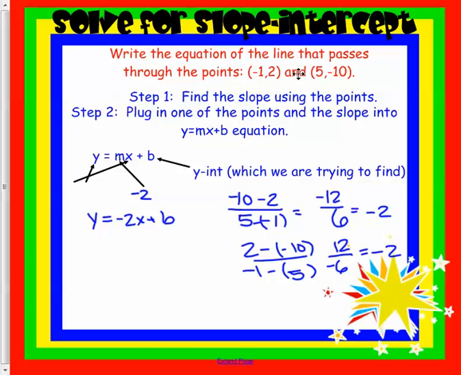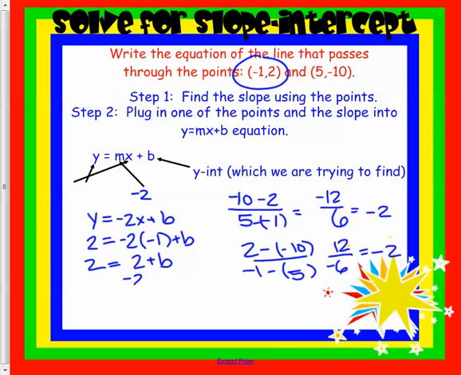Pick your point. I'm going to pick this one because it seems easier to me than bigger numbers. So negative 2 times negative 1 plus b, and this whole thing should equal a positive 2. Negative times a negative is a positive. So we're left with on this side 2 plus b. So what number has to be added to b to give us 2?